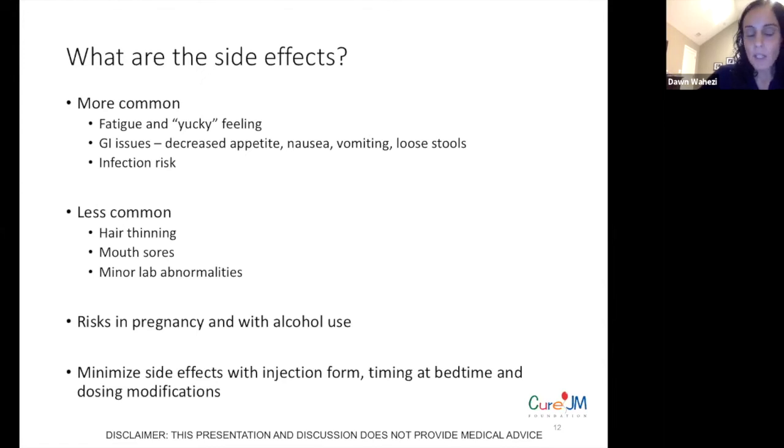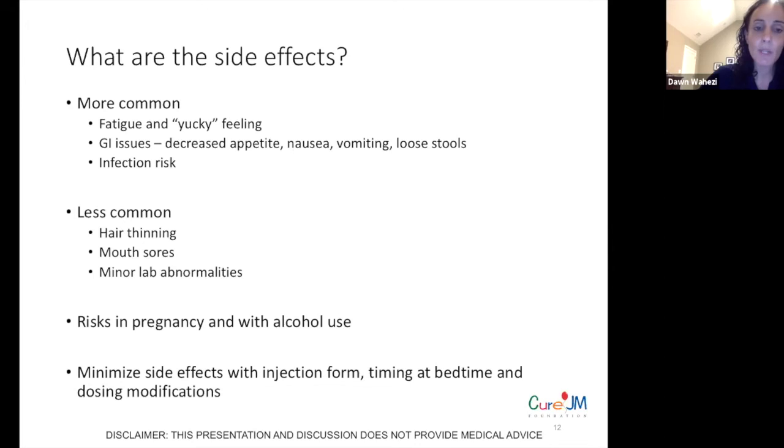With any of these medications, we just have to be cautious with any kind of infections. If you have a child who's on this medicine and they have a fever, you let your doctor know. Sometimes we'll modify the dose, or we'll talk about what to do with the dose if that were to happen. Less common things we see are that it can sometimes cause hair thinning, but it's not like you would think for a chemotherapy where the child's hair is all going to fall out.